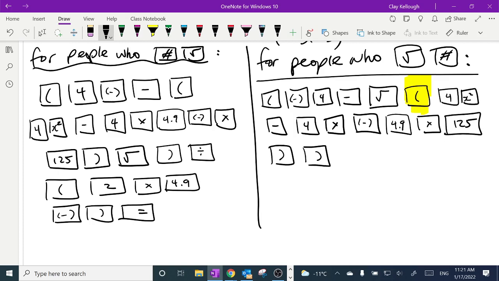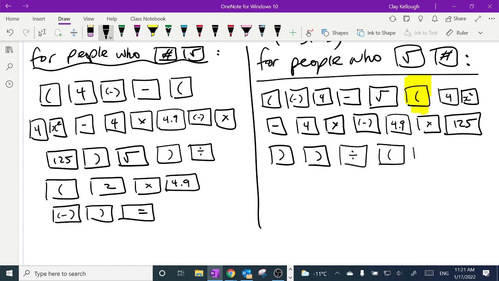This one you have to do yourself either way. Then close the bracket for the numerator, and then divide by, and then the denominator needs brackets too.